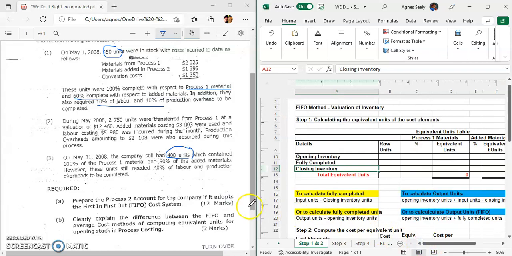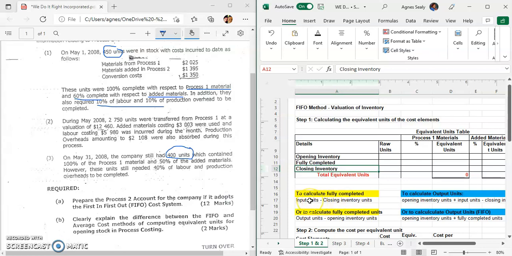The other thing we want to talk about, because I'm mentioning fully completed units here, is how do we calculate fully completed units? There are two formulas that we can use. You can calculate fully completed units by taking your input units, if they are given to you, and subtracting your closing inventory units, if that is given as well.